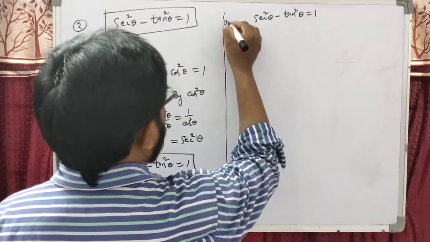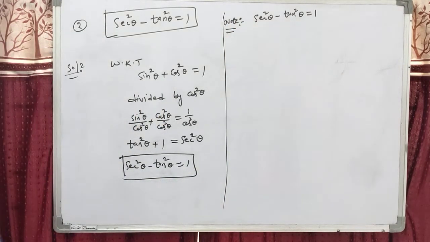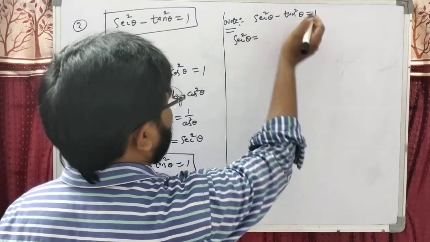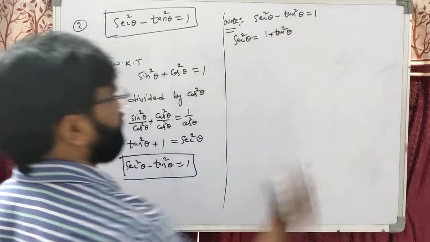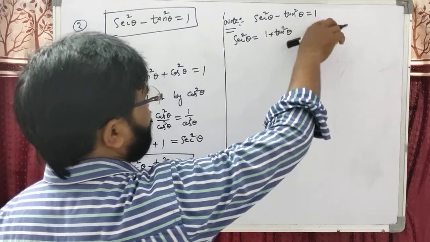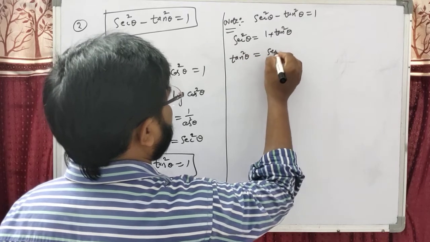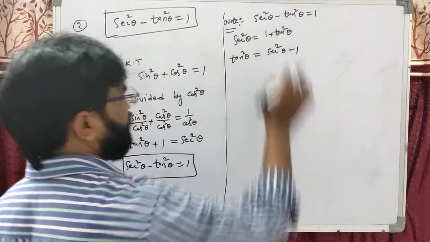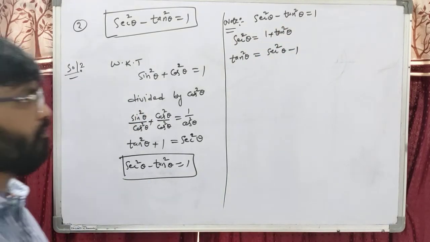Okay, students, secant square theta minus tan square theta equals 1. After that, the formula of secant square theta, dear students, we can write as secant square theta equal to 1 plus tan square theta. When tan square theta is sent to the other side, tan square theta is secant square theta minus 1. So secant square theta is 1 plus tan square theta, and tan square theta is secant square theta minus 1.